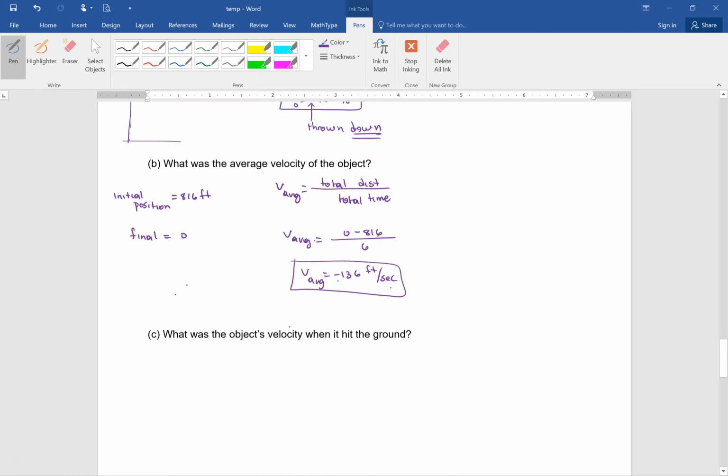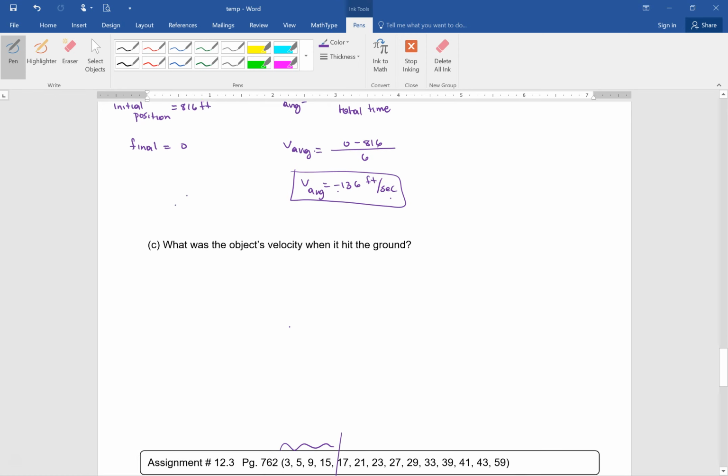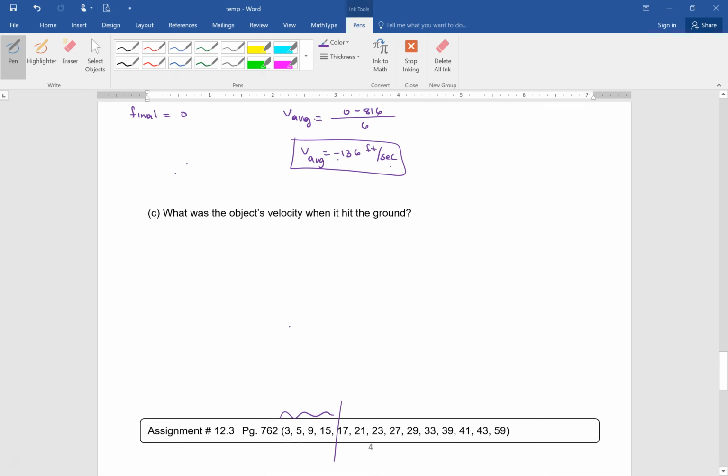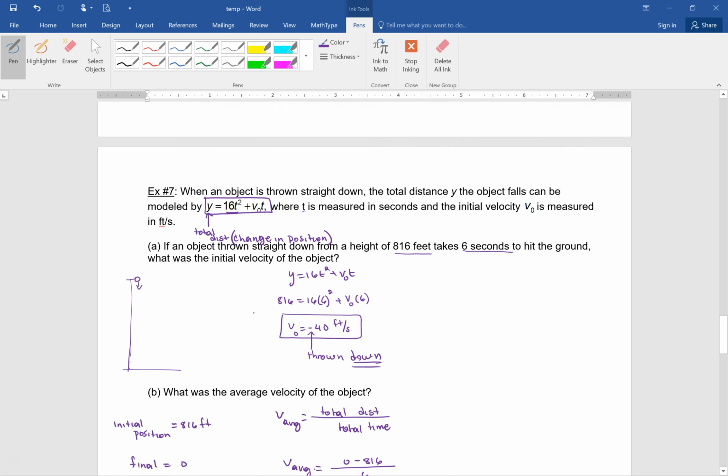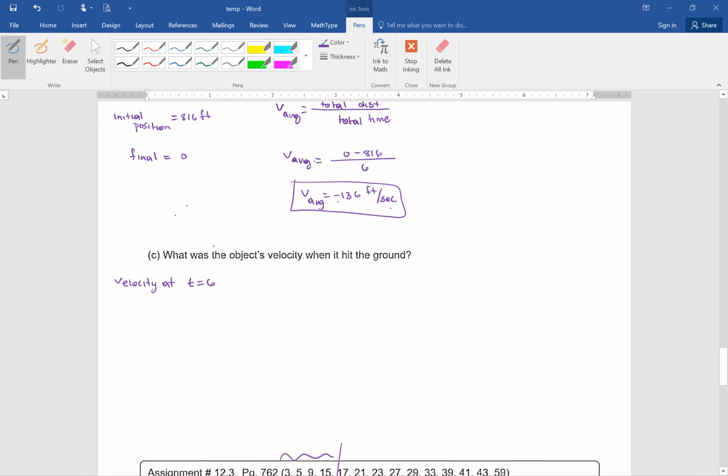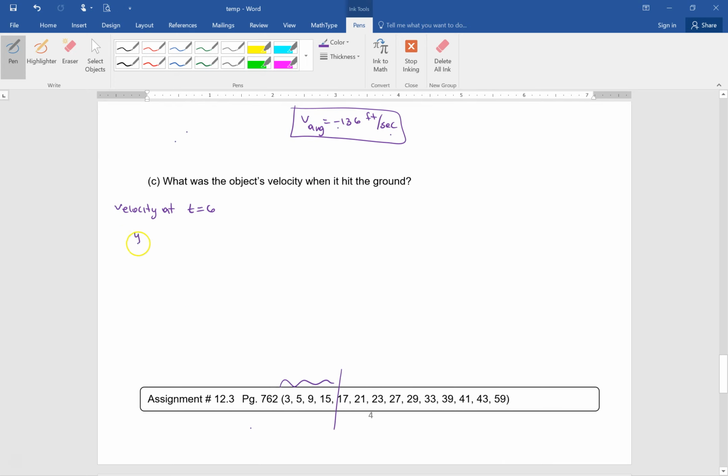So the object's velocity when it hit the ground, basically what I want is the velocity at t equals 6. That means, what was my position function? 16t squared plus v naught t. Okay? No. This is y, we need to find v.